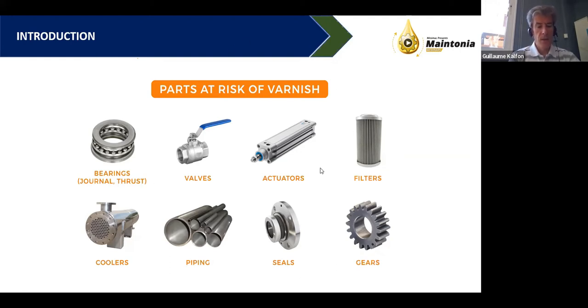You can see it in coolers, and then the part where it will be very often, but you will not necessarily see it unless you inspect it, is the pipeline of the whole lubrication circulation system or the whole hydraulic system. It can also be in seals, and in some types of seals, it will compromise the functionality of the seal.